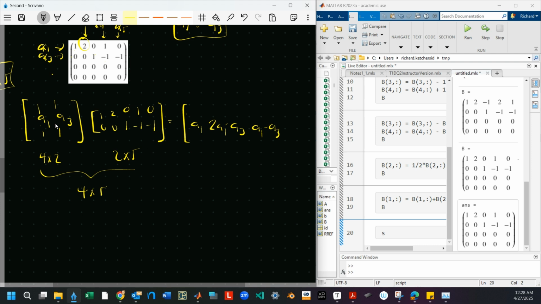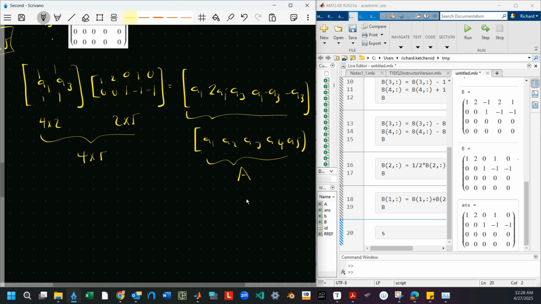And for the last column I get minus A3. So that's what this multiplication gives me, but notice from what we had above that this is exactly A1, A2, A3, A4, A5, which is just A.